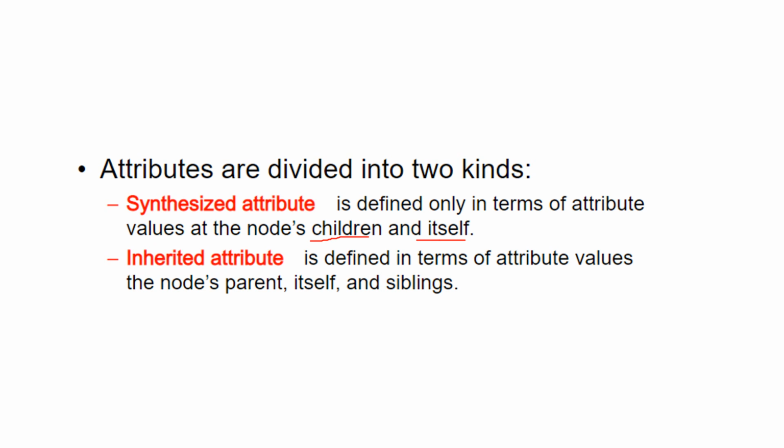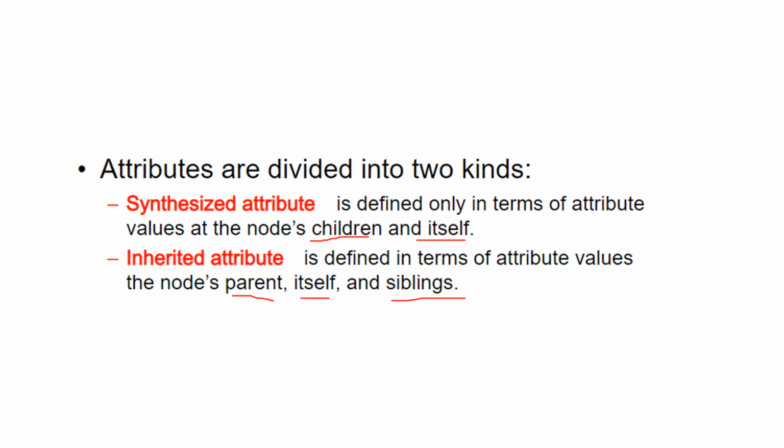The same thing here. Each symbol in the parse tree, we call it a node if it is a tree. The grammar symbol's value is inherited from the node's parent and itself as well as the siblings. That is inherited attributes: the attribute values come from its parent node, itself, and then siblings.